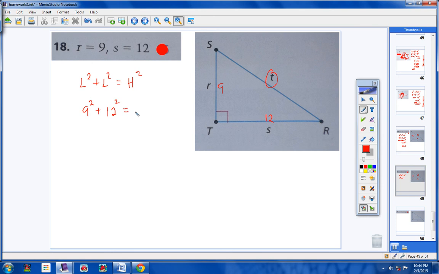And my hypotenuse is T. 9 times 9 is 81. 12 times 12 is 144. Take the square root of 225 and you will get 15. And take the square root of t squared and you will get t. So t equals 15.